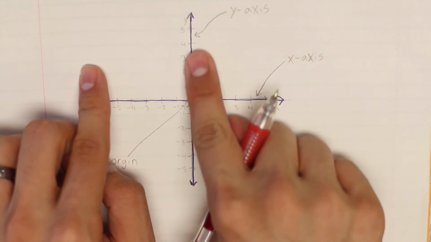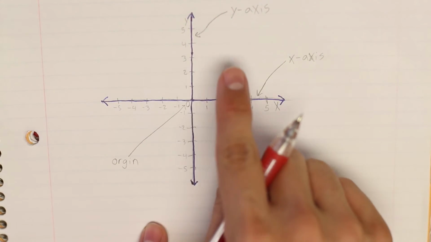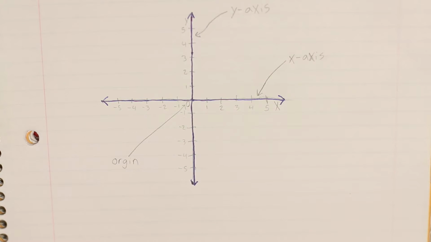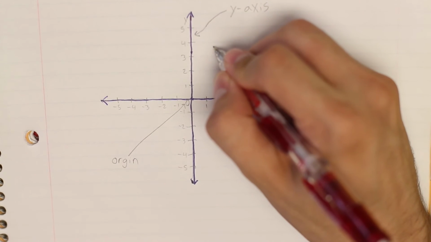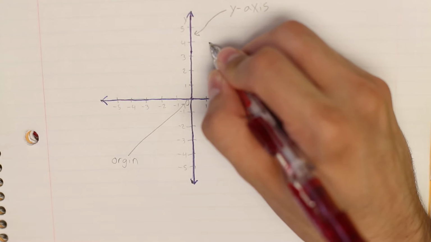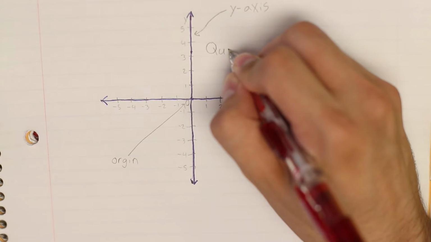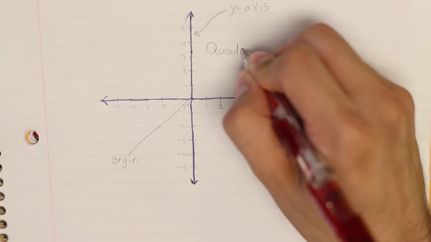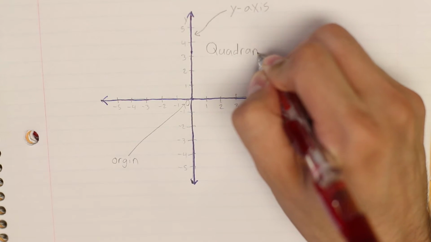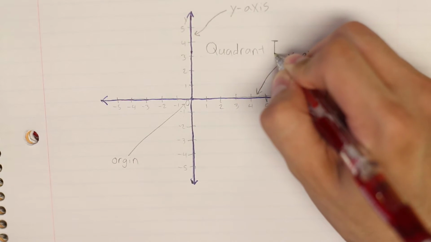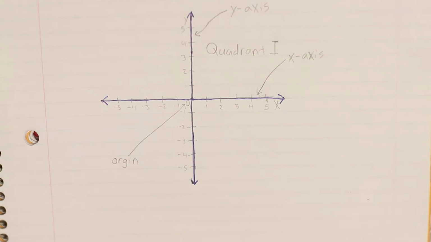And if you notice, this plus symbol basically has divided up, so we have 4 separate areas. These areas are called quadrants and they're labeled, and you need to label them the way I do. So over here we have quadrant, and this is how you spell it. Quadrant 1, but we don't put a 1, we put a Roman numeral 1, okay?